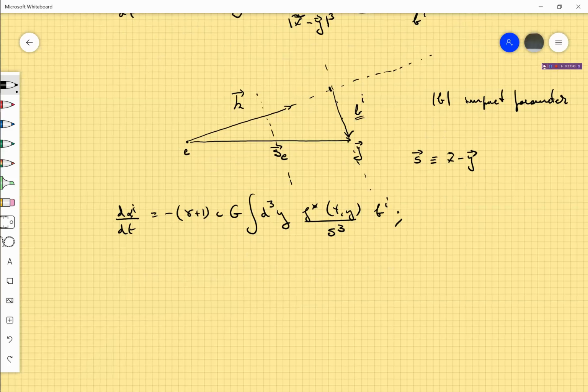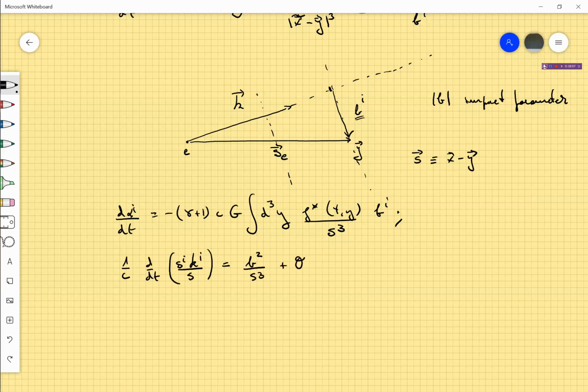For this, you need to use a trick, and the trick is that the derivative of S_i k_i divided by S is given by b squared divided by S cubed plus terms of order 1 over c squared.